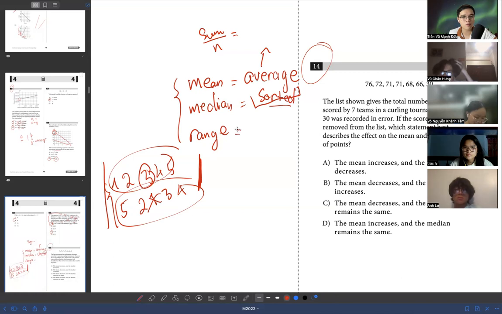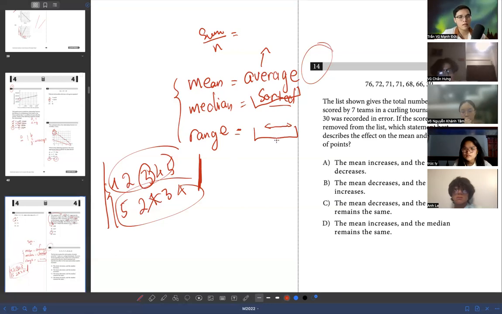And how about the range? How can you calculate the range? The last number minus the first number and plus 1.